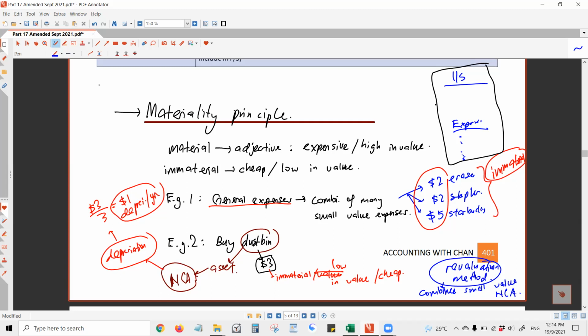Another way of solving this negligible depreciation is, instead of recording it as an NCA, you recognize it as an expense instead. Write down, yeah, write down. Later I will explain further. You record this as an expense instead of NCA.